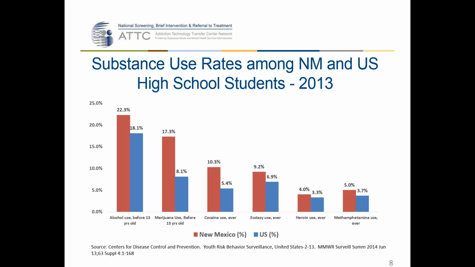Heroin use, ever having used heroin, is higher than national average, and I expect this is actually going to continue to rise with our prescription drug opiate epidemic that we have here in New Mexico. And methamphetamine use, ever used, is of course also higher than the national standard. So we unfortunately rank higher on the youth substance abuse scale than we would like. Next slide.